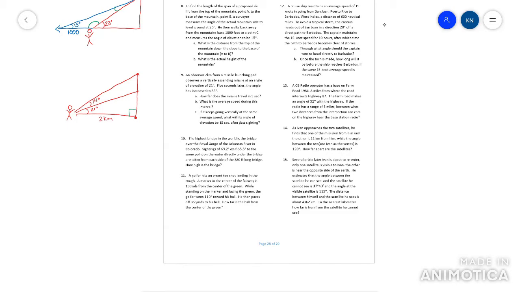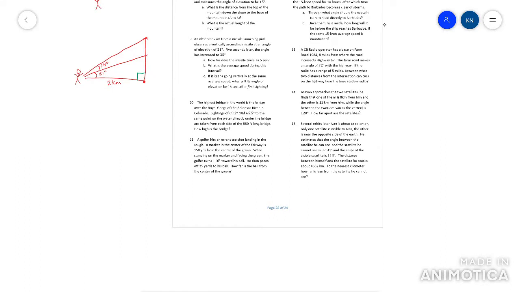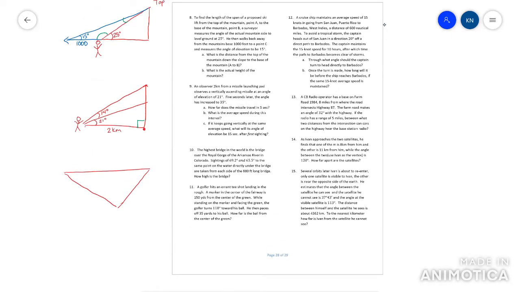So the next one, there's this bridge and it's over this gorge. And so basically we'll say here's the bridge. And there's guys standing at either end of it, and they're looking down into the gorge. And one of them, when they look down, sees 69.2 degrees.